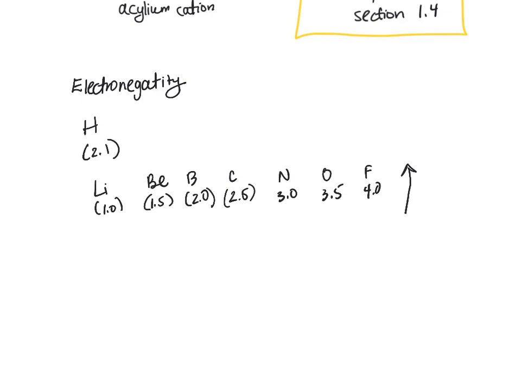And you should know that electronegativity increases as you go from down to up on the periodic table and as you go from left to right.